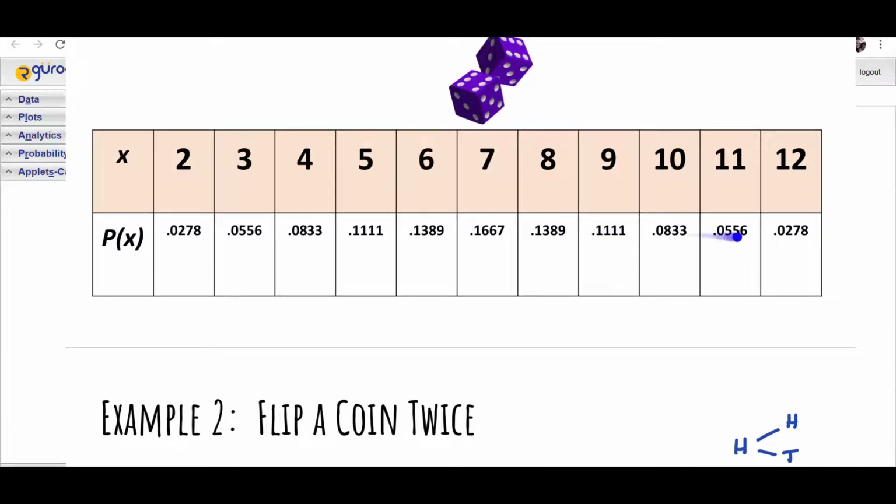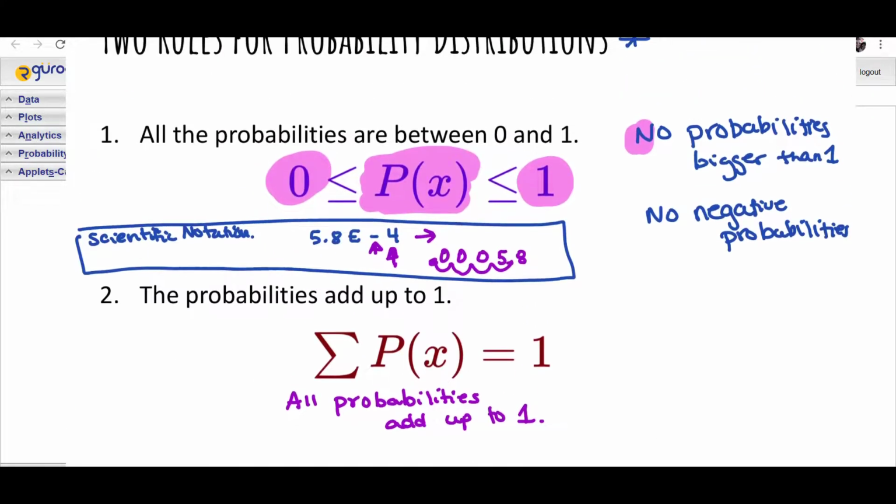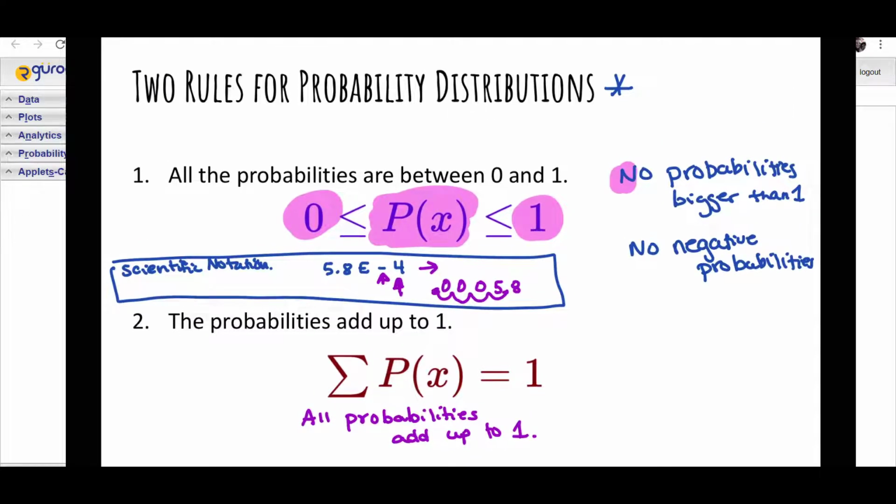If we were to add all of these decimals for the sum of the two dice, that adds up to be 1 as well. So that would be how you can tell if something is a probability distribution: all the probabilities need to fall between 0 and 1, and all the probabilities in the probability row or column should add up to be 1.